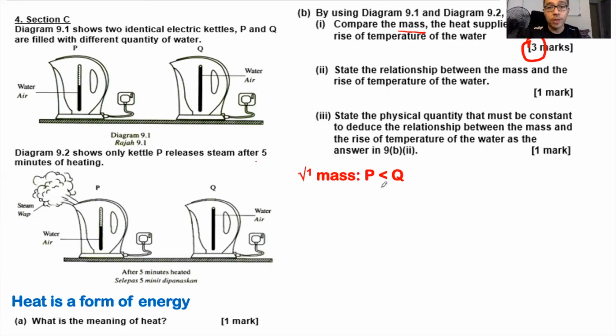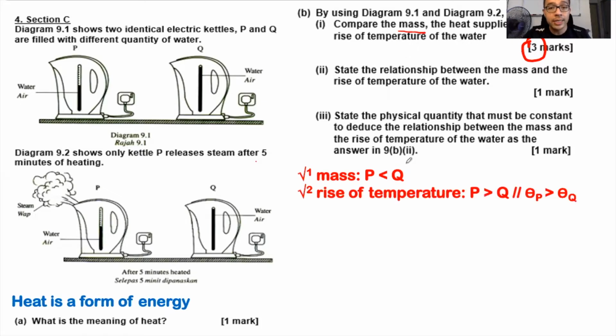So my first point would be: the mass of P is smaller than the mass of Q. Please take note that this is the short form of writing it, but when you answer exam questions, I want it to be in full sentences. When we discussed the exam paper previously, I also spoke about this. The heat supplied will be the same.